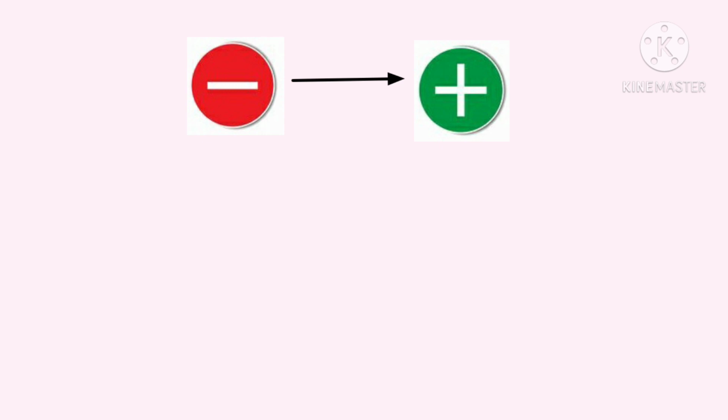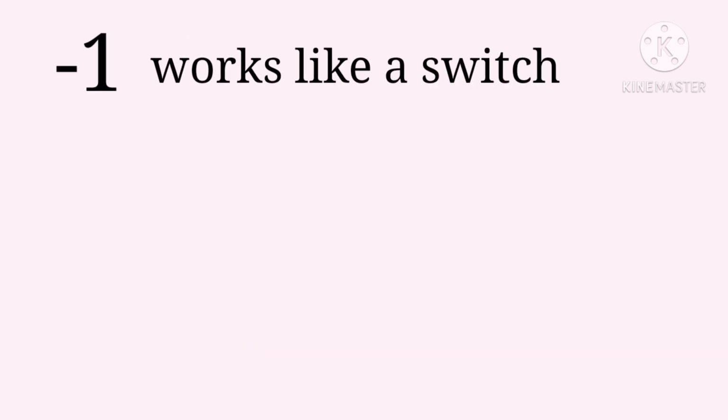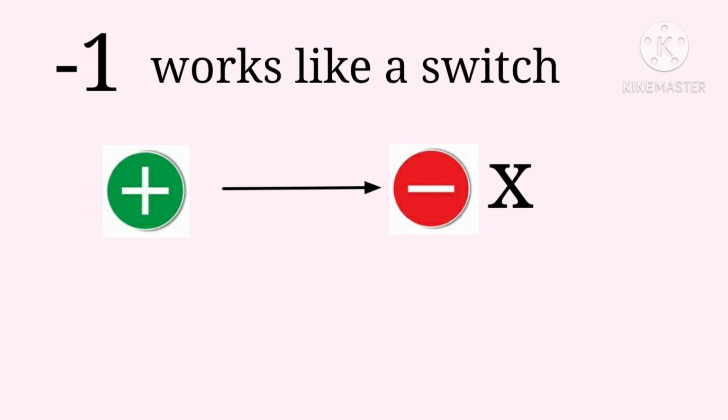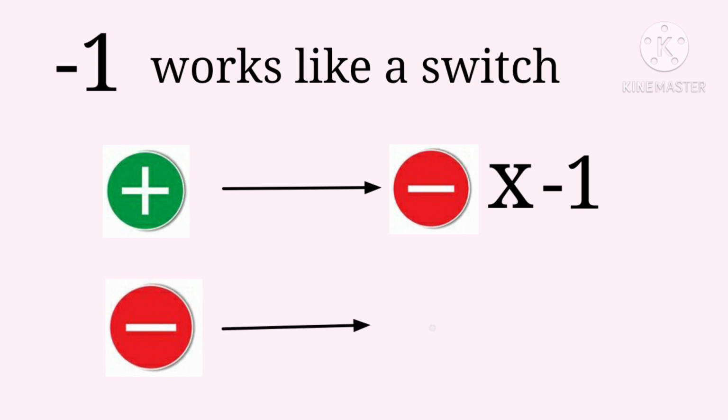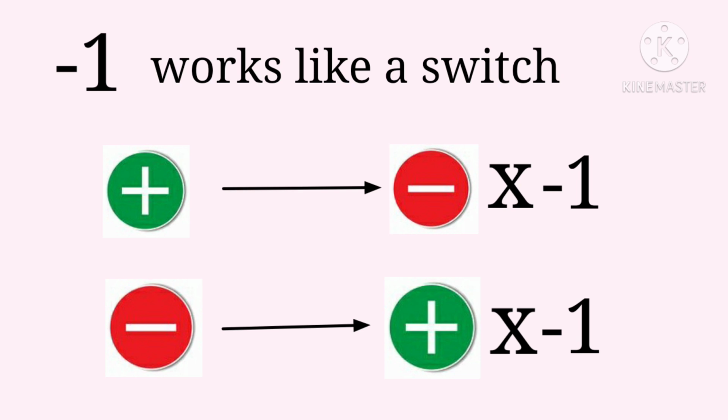So in order to change a negative number to positive, we have to multiply it by a -1. Thus, we can conclude that -1 works like a switch. So if we have a positive number, to switch it to negative, we multiply it by -1. And if we have a negative number, to switch it to positive, we also multiply it by -1.